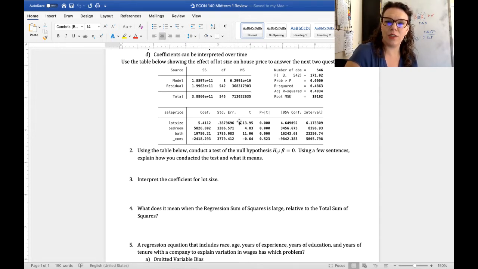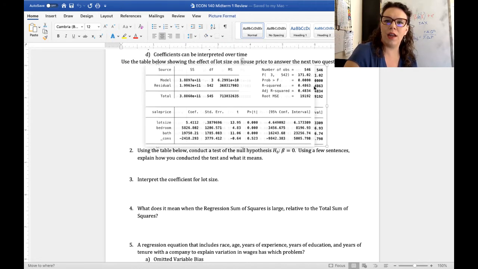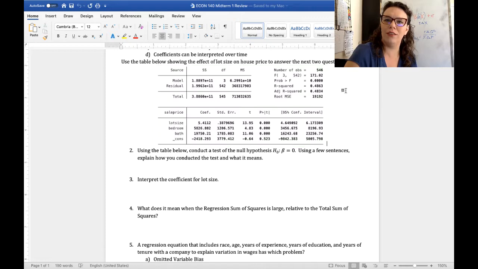And then we have our standard errors, our t-statistics, our p-values for those t-stats, our 95% confidence interval. And then up here we have our ANOVA table, which gives us our sums of squares, our total sum of squares, our sum of squared residuals, and our regression sum of squares. We've got the number of observations and our degrees of freedom. We also have our R squared, and then our F-stat and our p-value for our R squared.